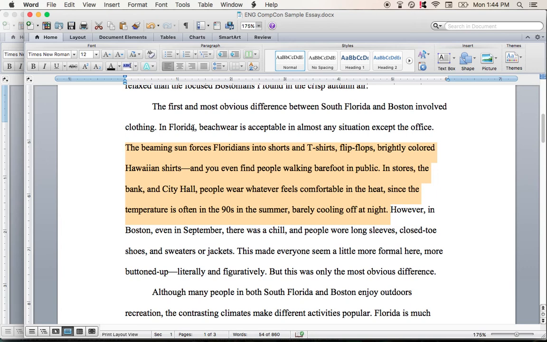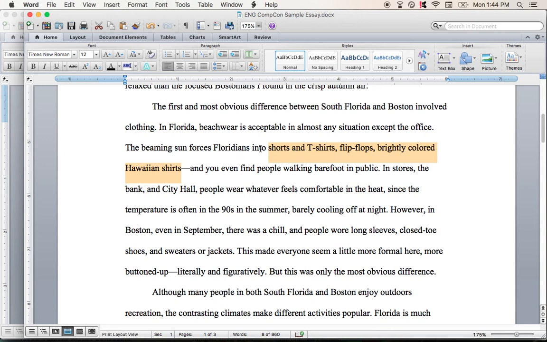So now we have a lot of examples of what clothing is like in South Florida. Beachwear is very common, not necessarily if people work in an office, but in other places you will often see people in this kind of clothing. And so there are a lot of examples of what it means to say that casual beachwear is acceptable in Florida.